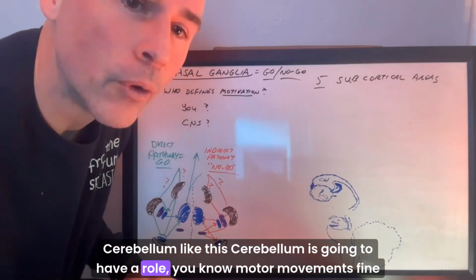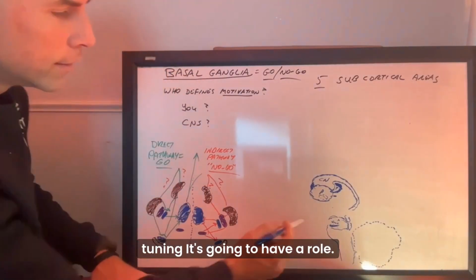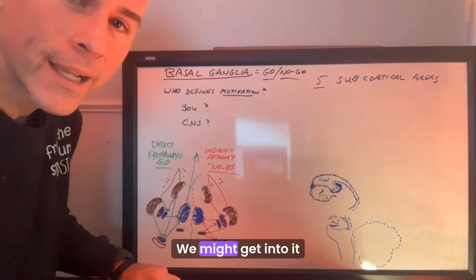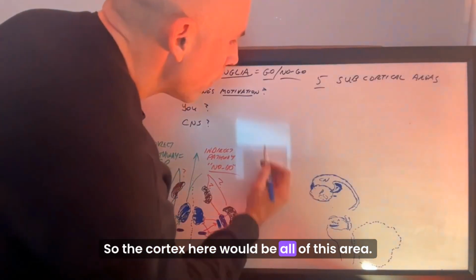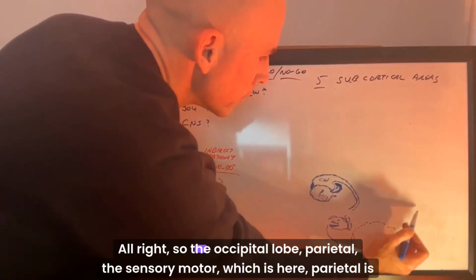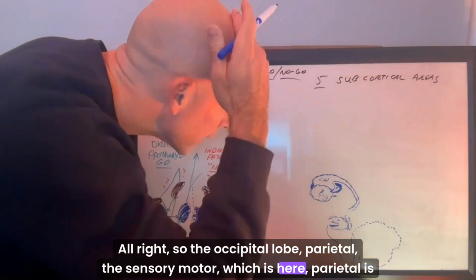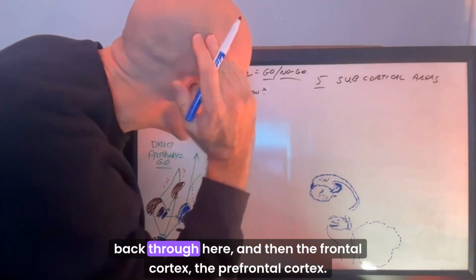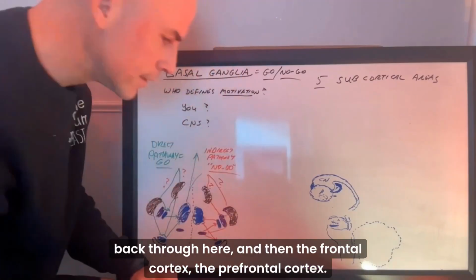Cerebellum's going to have a role, motor movements, fine tuning. We might get into it. So the cortex here would be all of this area. All right, so the occipital lobe, parietal, the sensory motor, which is here, parietal is back through here, and then the frontal cortex, the prefrontal cortex.